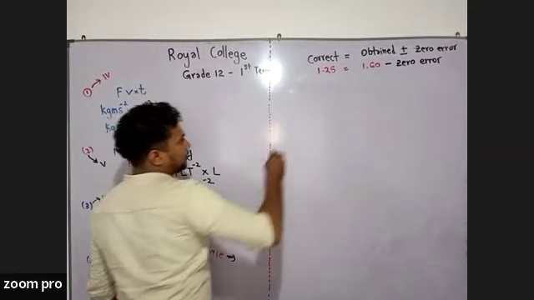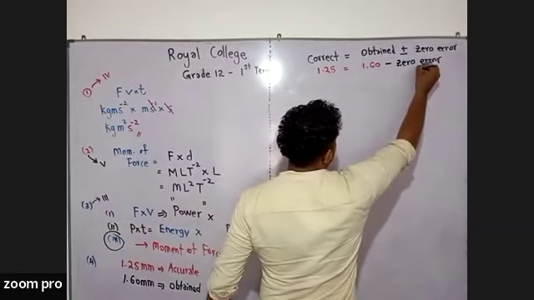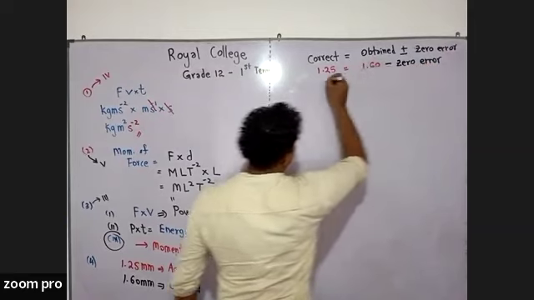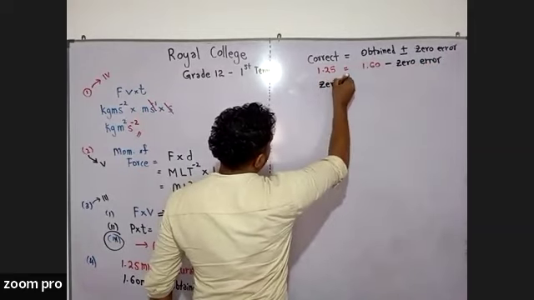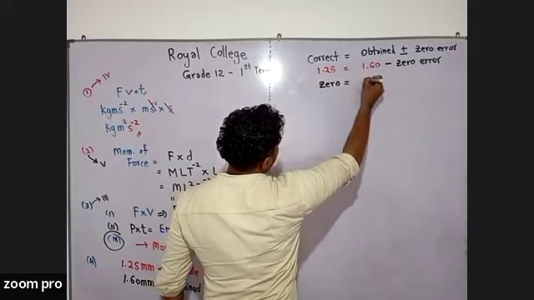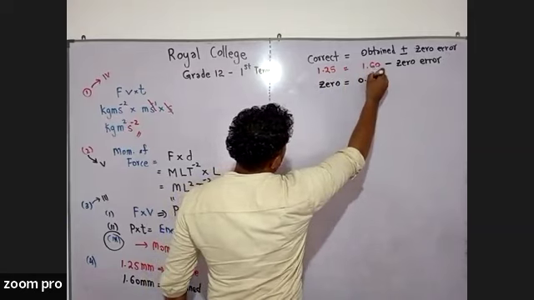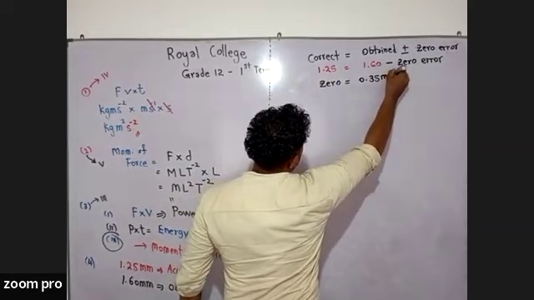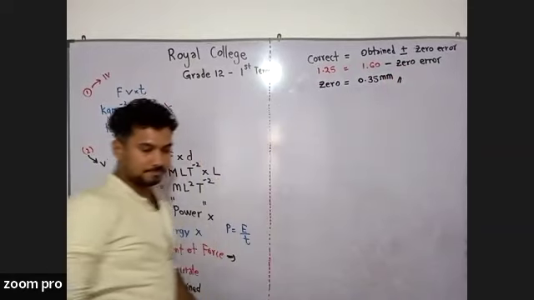So then zero error is obtained as 0.35 millimeters, right?